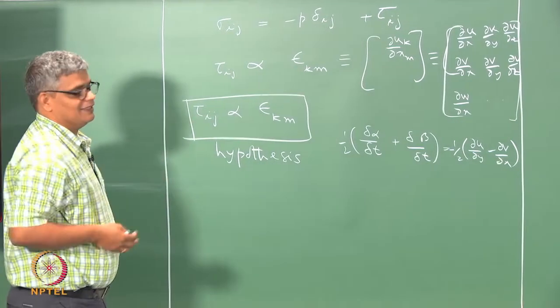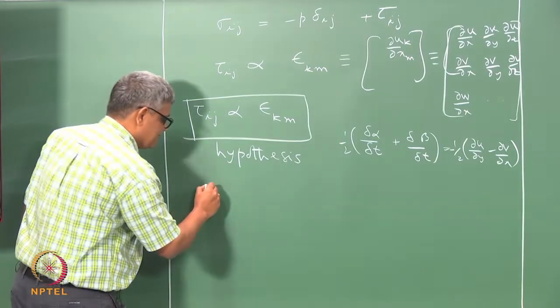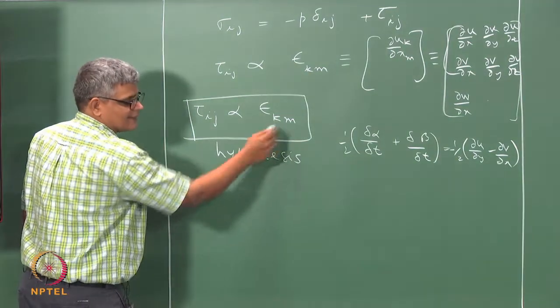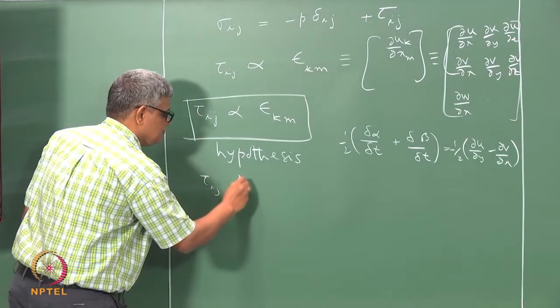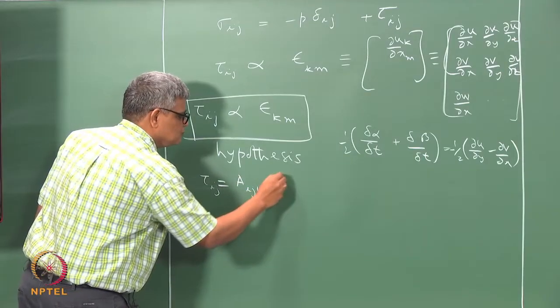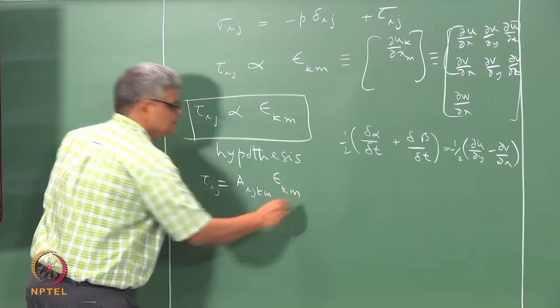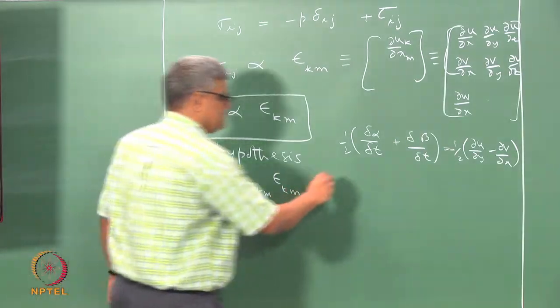So in that sense, that is where we are heading. And we mentioned that this is a tensor and this is a tensor. A general relation would have a ij km epsilon km, okay, and this is a 9 by 9 matrix.